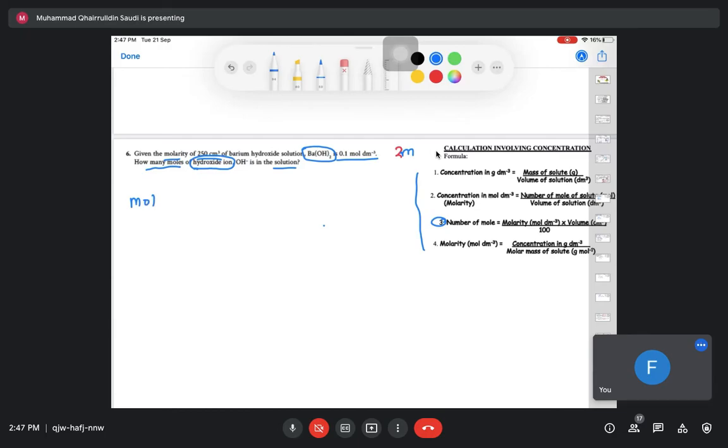Number of mole for barium hydroxide is molarity 0.1 mole per dm cube times volume in centimeter cube, so divided by 1000, you will get 0.1 times 0.25, which is 0.025 mole.